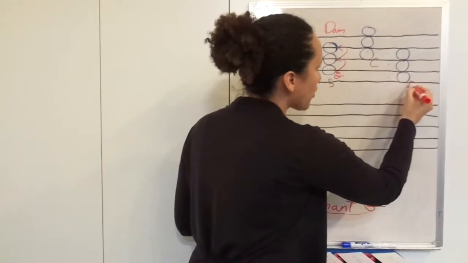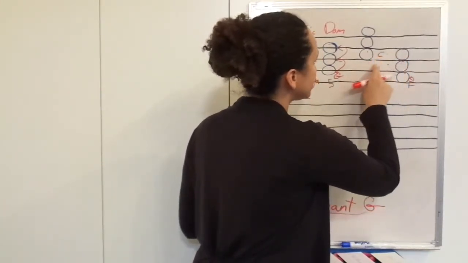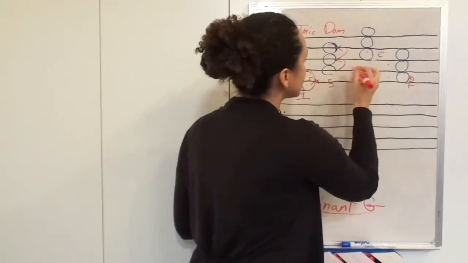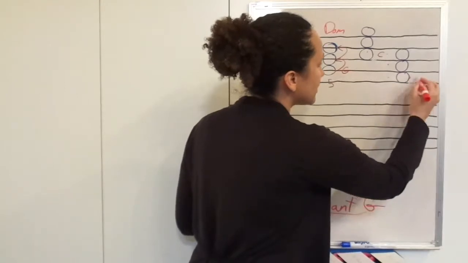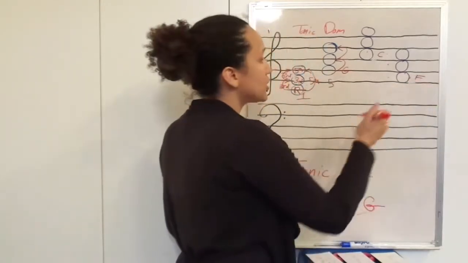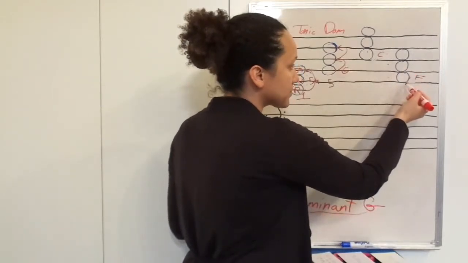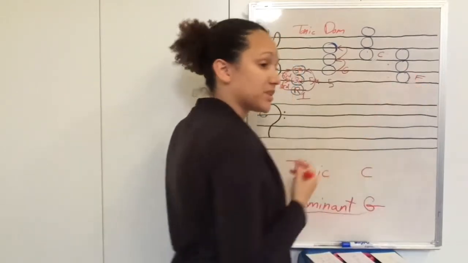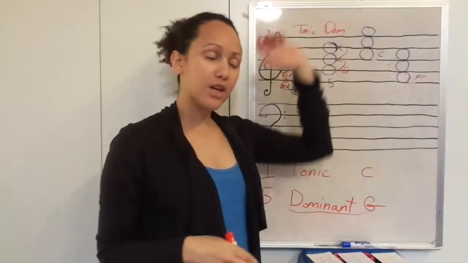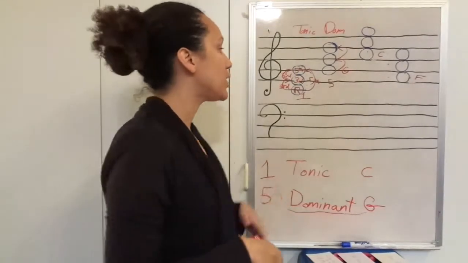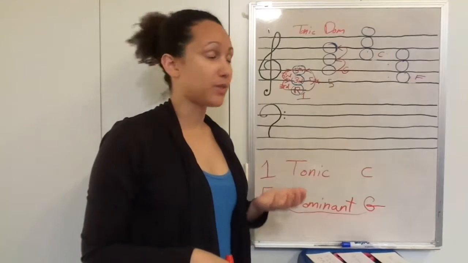So this F chord here, and there's our F. There we are. So there's our F chord, and this is going to be the subdominant. Sub meaning below. Okay, dominant goes from above, subdominant from below. Dominant is a fifth above, subdominant is a fifth below.